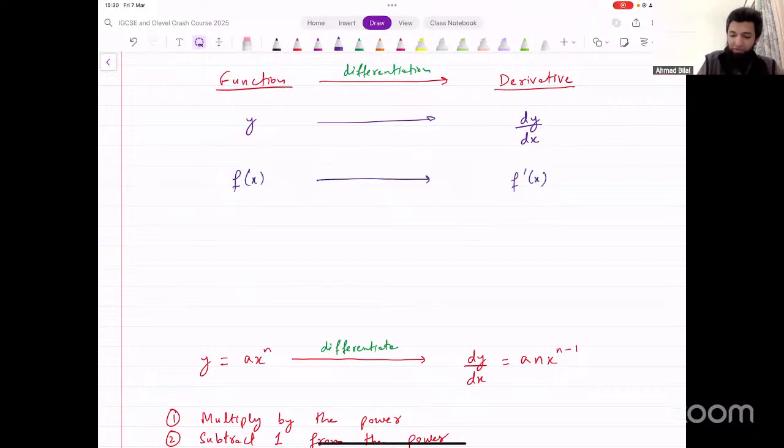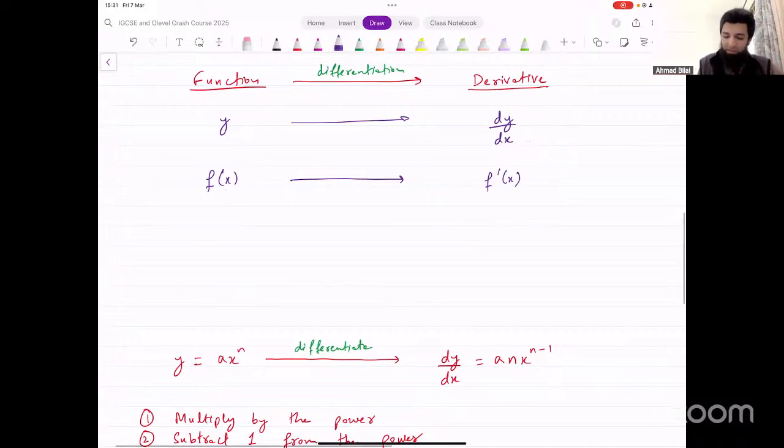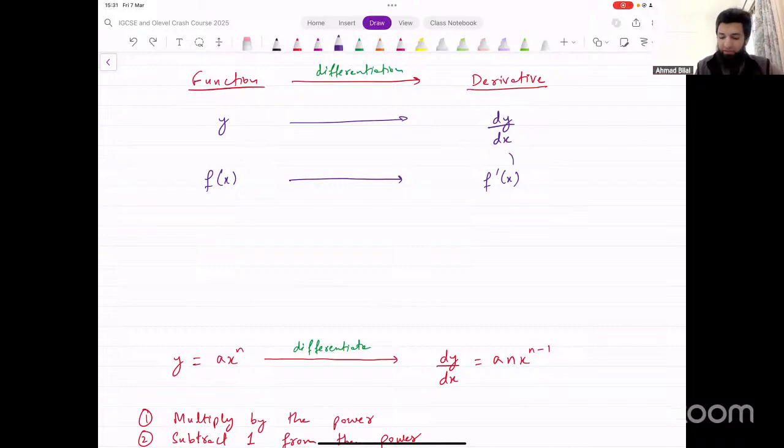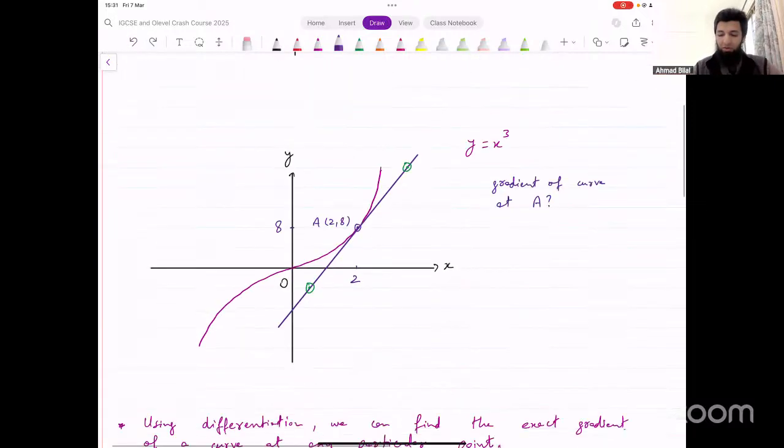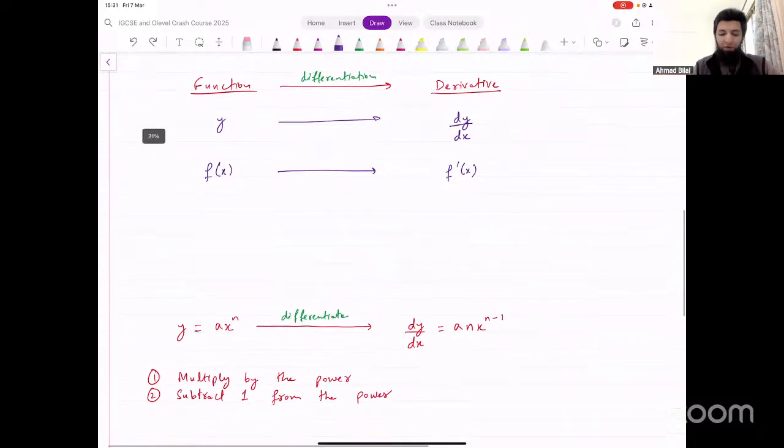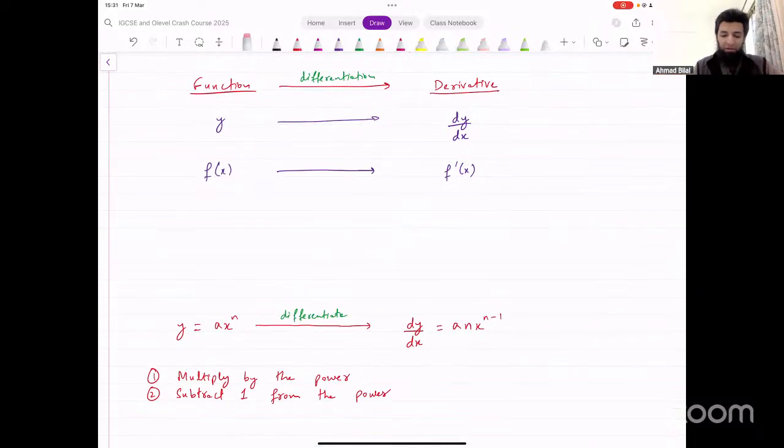So if the original function is y, we write the derivative as dy over dx. And if the original function is f of x, we write the derivative as f dash of x. These are notations that you need to know about. Dy over dx is the derivative. F dash of x is also the derivative, depending on which form you have in the original function.